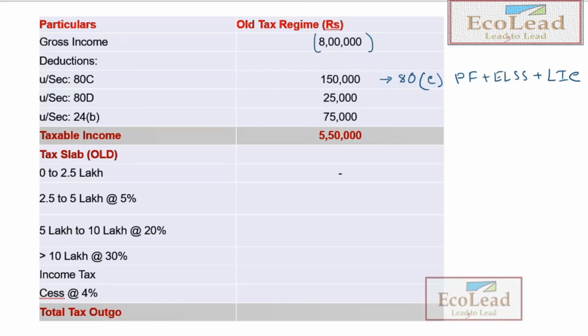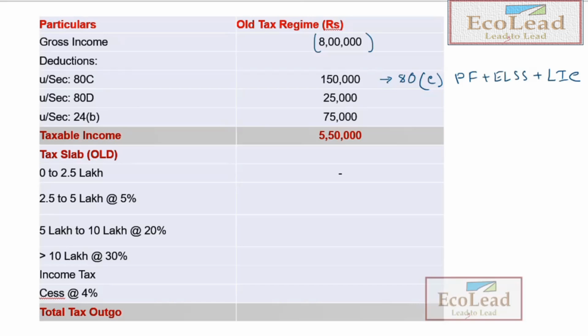All this together is coming as 1,50,000. Now, if any person has more than 1,50,000, what will happen? Then also only up to 1,50,000 we will consider under 80C. We will not consider the extra amount under this section.